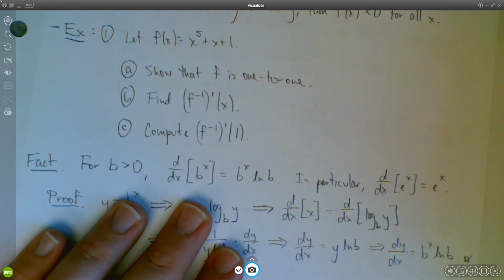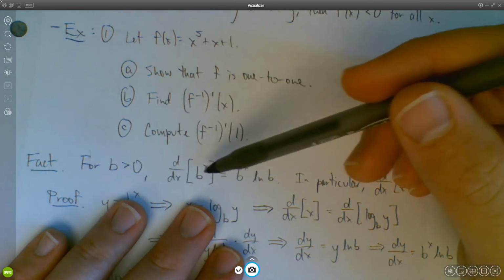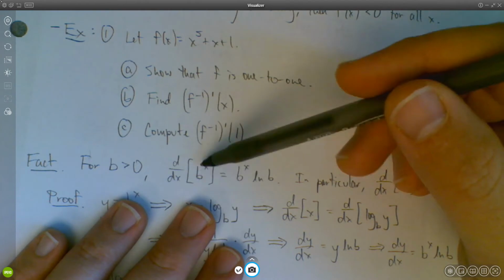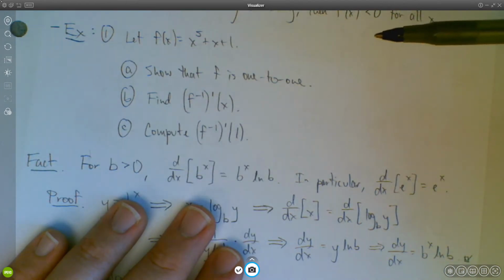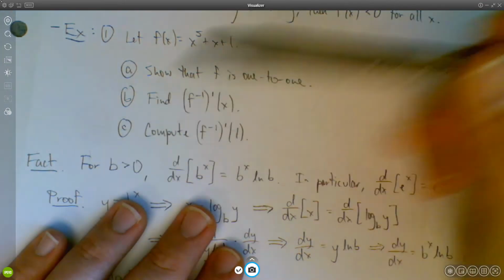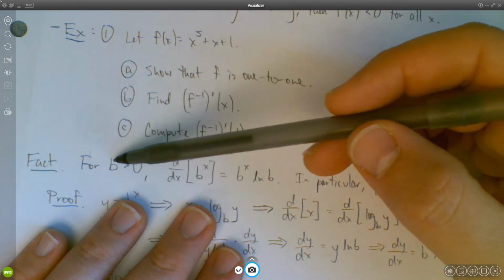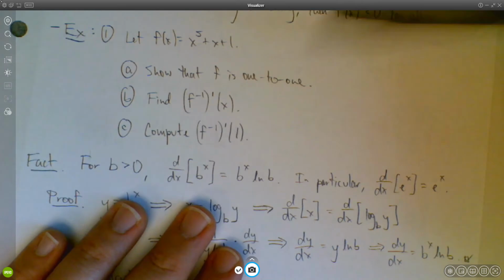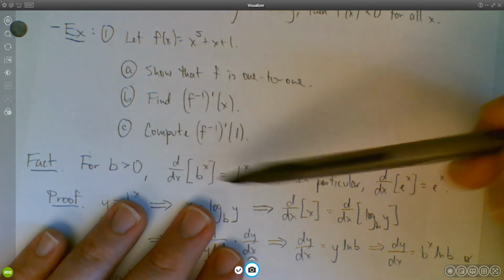You'd have to have the square root of -2, which is not real, right? So if you let b be a negative number, then you get all of these really weird non-real results. And so if we want to deal with real numbers only, we have to let b be strictly greater than 0.